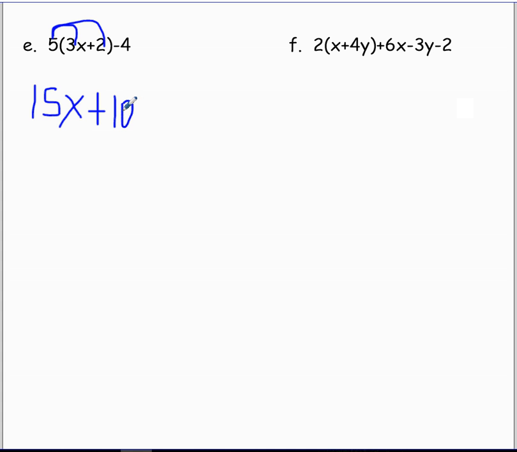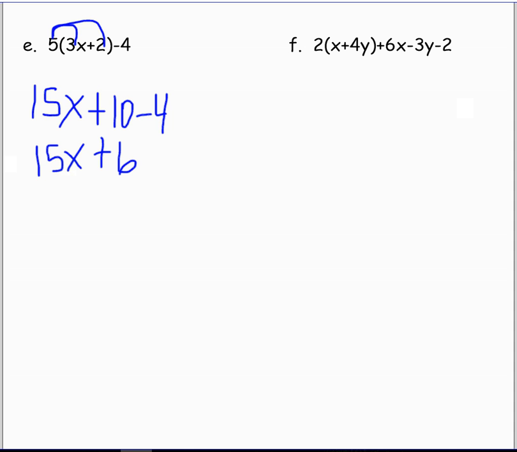And then we'll bring down that minus 4 and combine like terms. There's no other x terms, so 15x stays alone. And then we'll add 10 minus 4 to get 6. So 15x plus 6 is our final answer there.